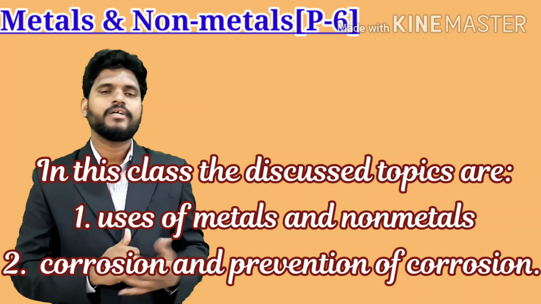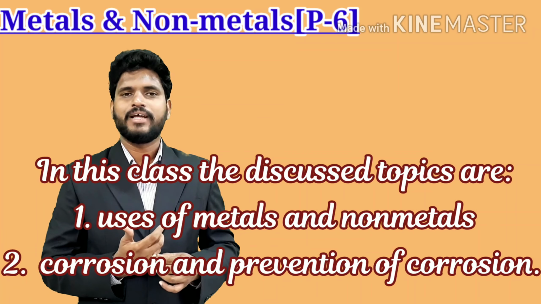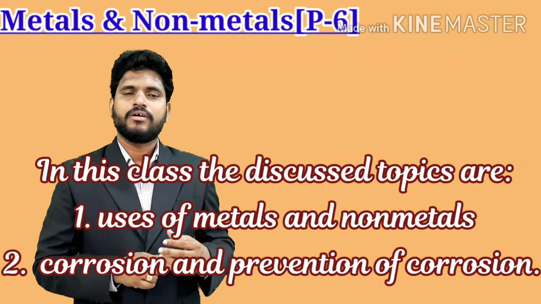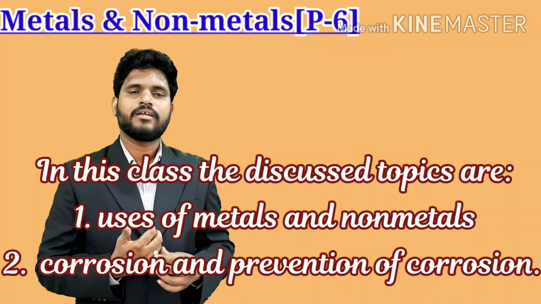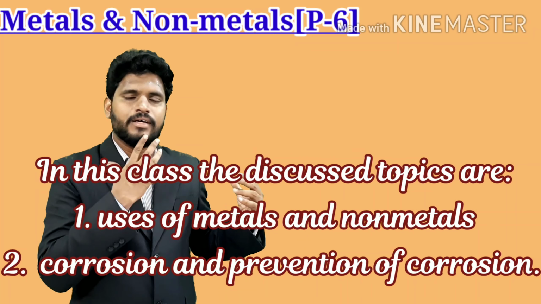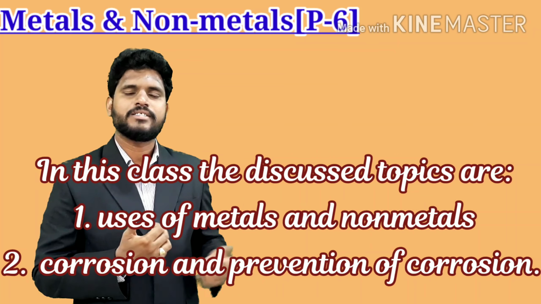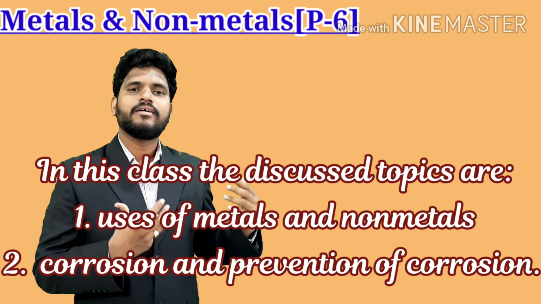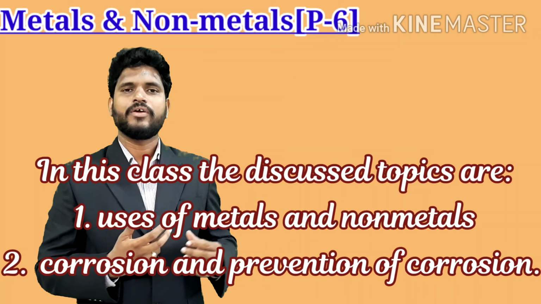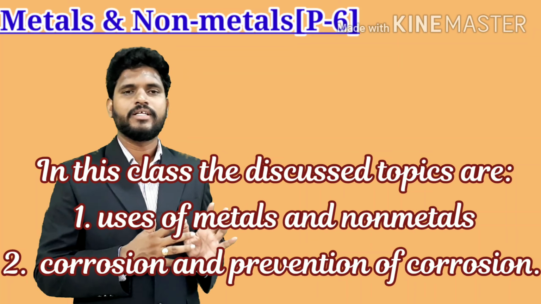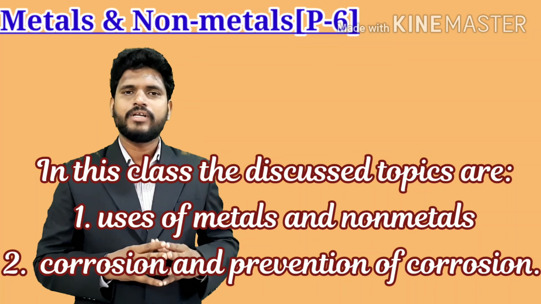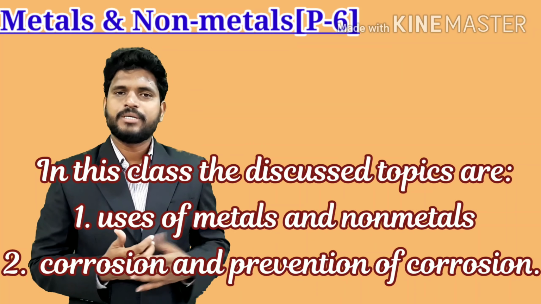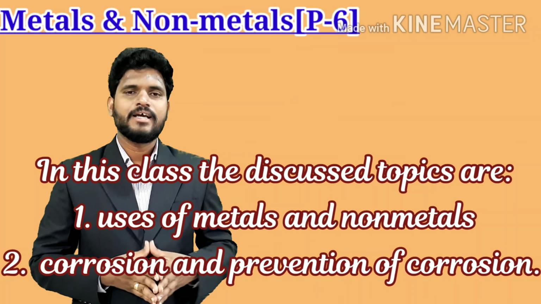And we observed an activity also, to see what substances are required for corrosion: air and water are required for corrosion. All these things we observed in the activity. Are you clear, all of you? So this is about today's class.